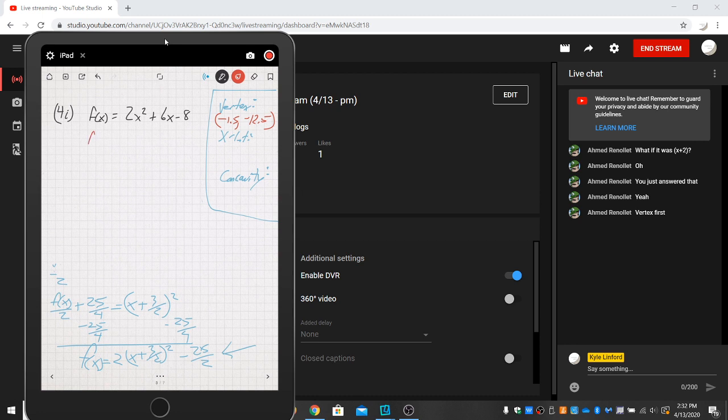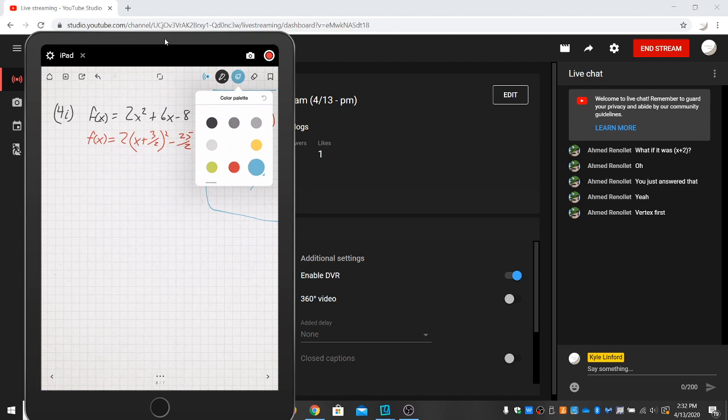So we got f of x equaling 2 times x plus 3/2 squared minus 25 over 2. All right, now we have to figure out what the x-intercepts are. So a couple ways you could do that. Basically, you just have to figure out when does f of x equal 0. Okay, when is the output 0?